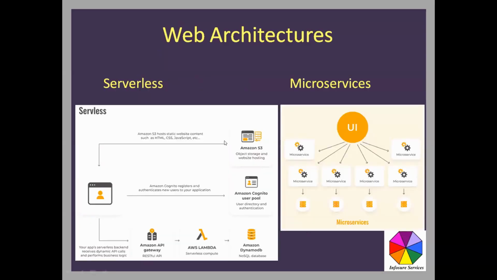Serverless is where there is no server at all. Traditionally, applications were deployed at the server, and even today to a large part they are, until Amazon brought this concept on the cloud where there is no server. So the client is connected through an API gateway to a serverless compute system.